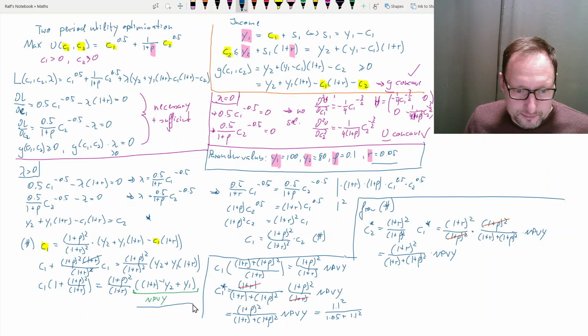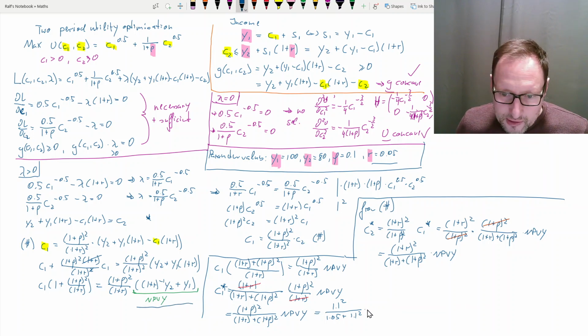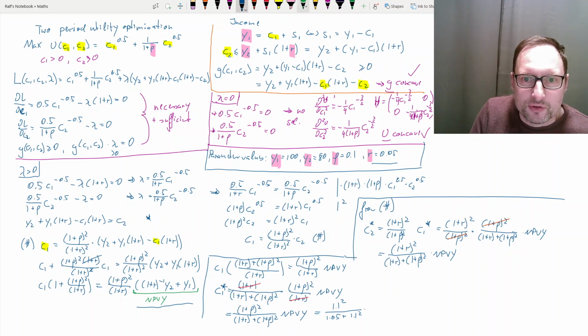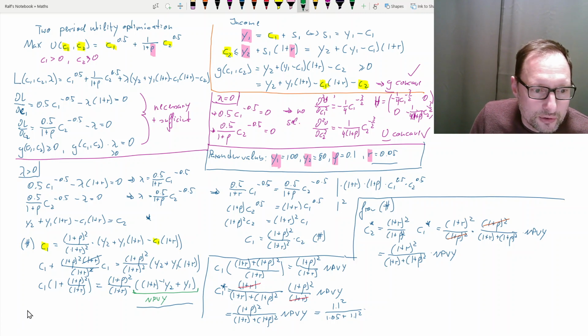Let us first calculate what the net present value of the income is, so we don't have to do that twice.